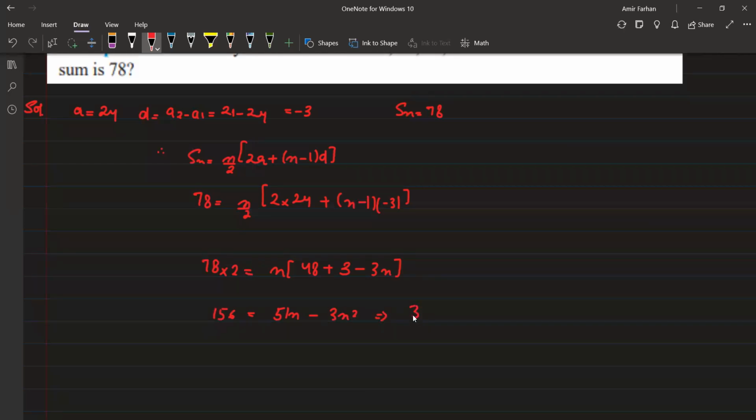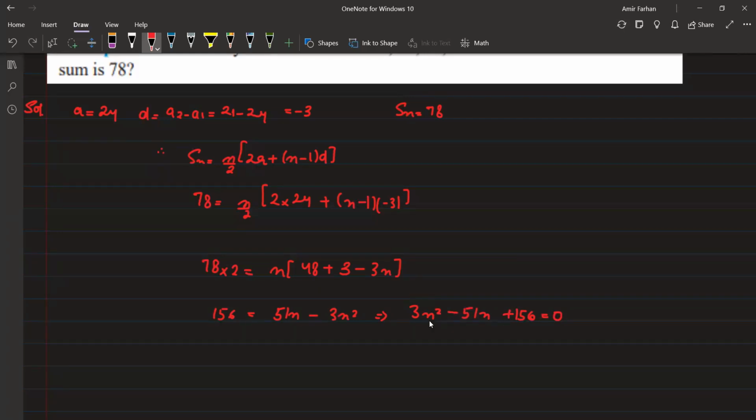So take all the things on the left hand side: 3n square minus 51n plus 156 is equal to 0. Is this clear?